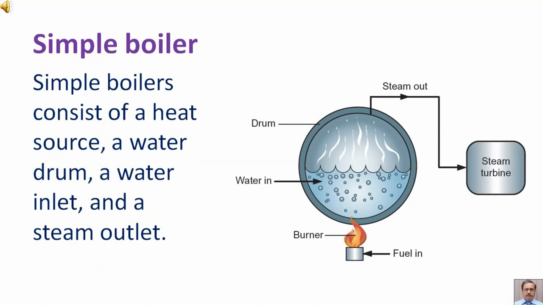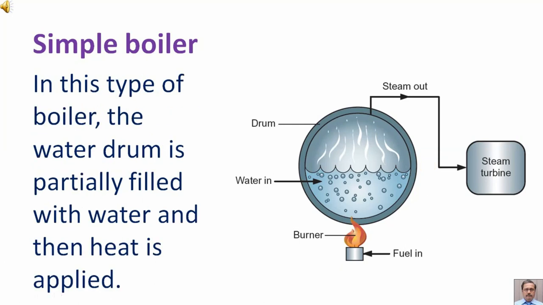Simple boilers consist of a heat source, a water drum, a water inlet, and a steam outlet. In this type of boiler, the water drum is partially filled with water and then heat is applied.